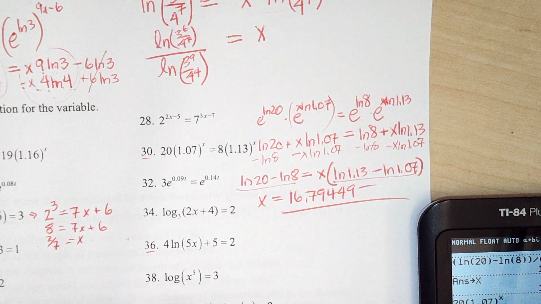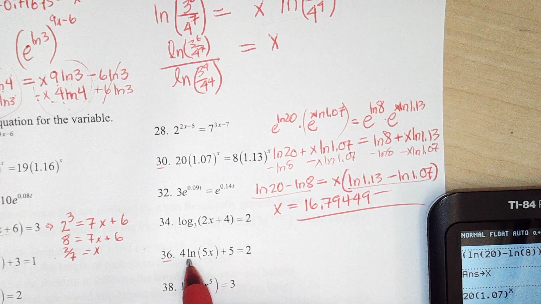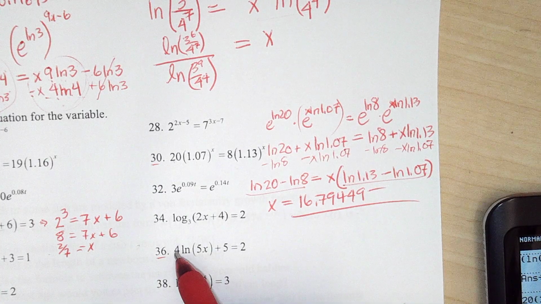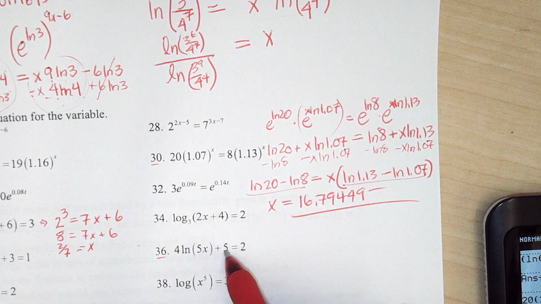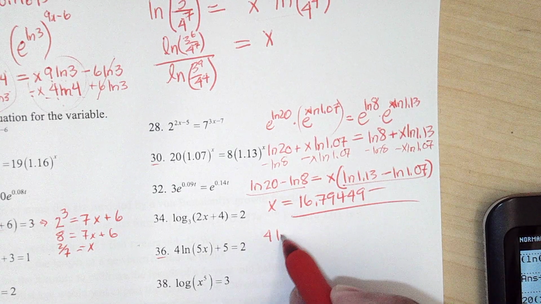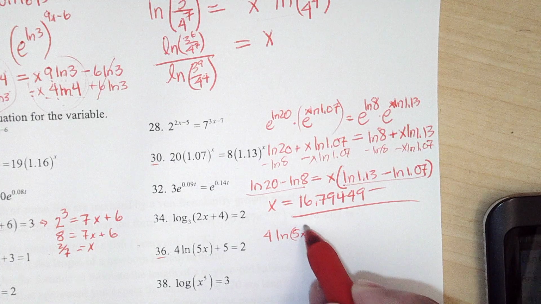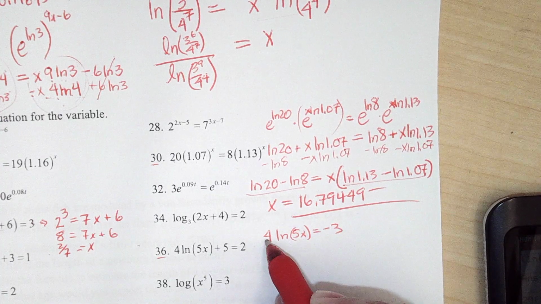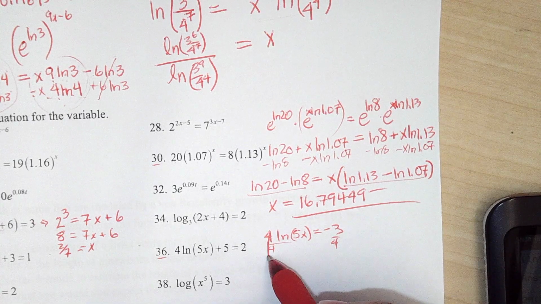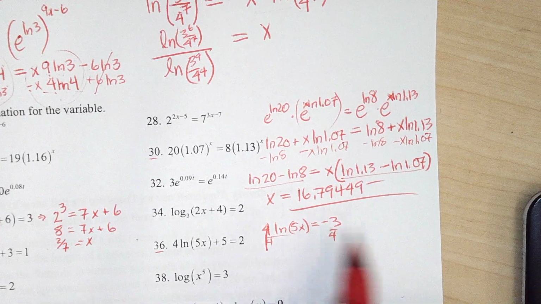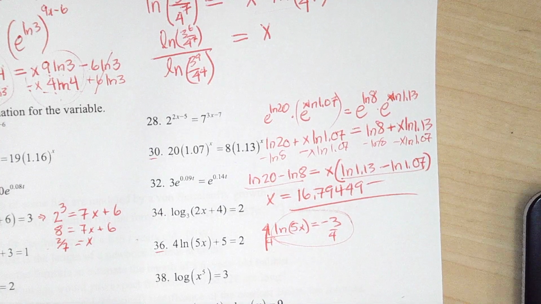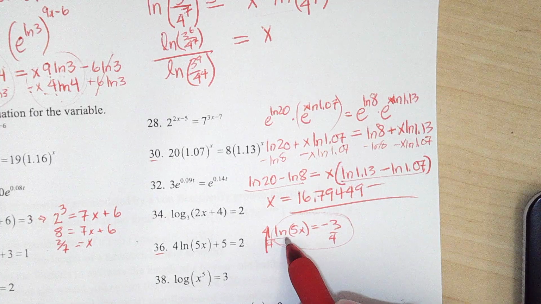Okay, 36. Well, let's get it down to just a single log, what we had here first. So we can either put the 4 up as a power, or we can subtract 5. Divide by 4. So instead of putting the 4 up as a power, I'm dividing it out. And now I'm down to a single log. When you're down to a single log with the x in there, rule number 1. We're going to rewrite this.